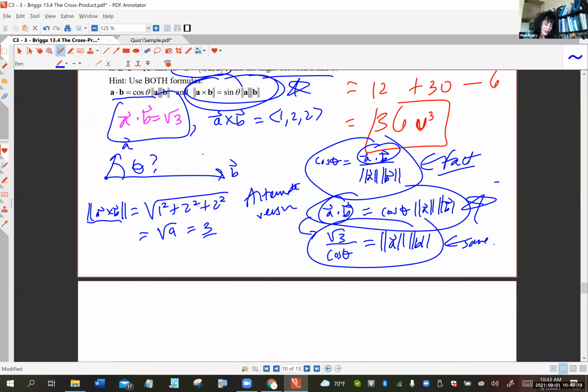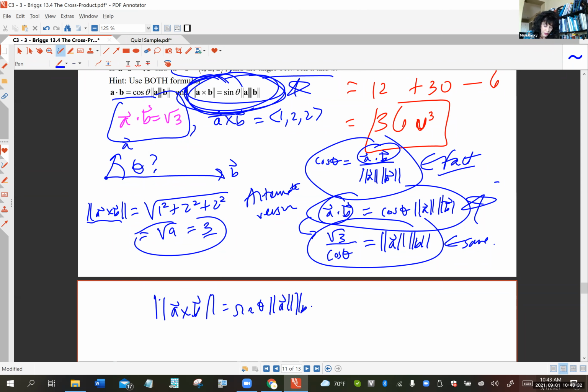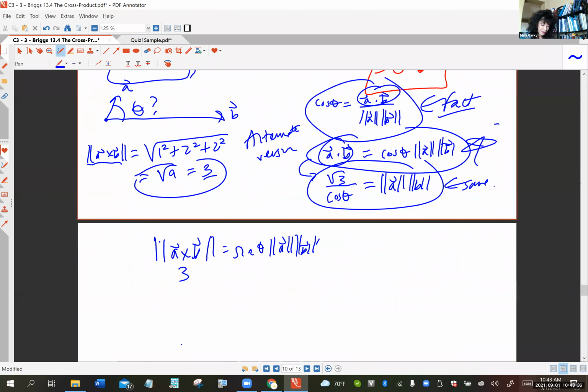So now that I know the magnitude of the cross product, I'm going to use this formula here. Well, how am I going to use that formula? Let me just copy it down. What I'm going to do is substitute for the left-hand side the number 3 because that has to be true.